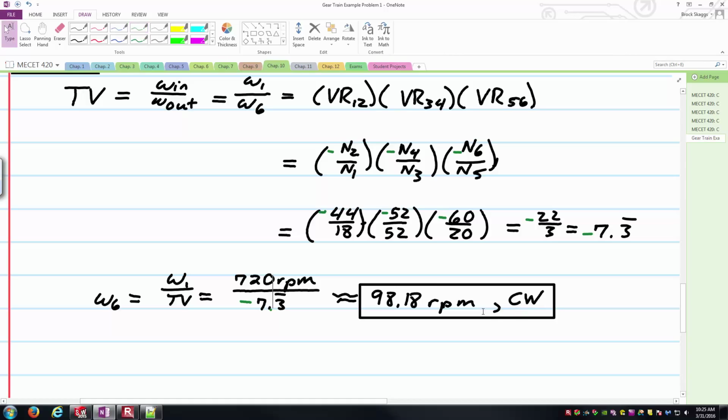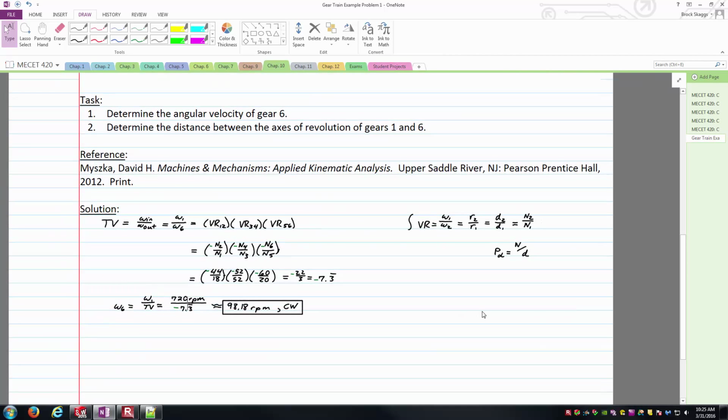And so that's another way to determine the direction of rotation of your driven gear in your gear trains, is just to remember that a velocity ratio, if it is external gear meshing, is a negative value. If it's actually internal gear meshing, then it would have been a positive value.